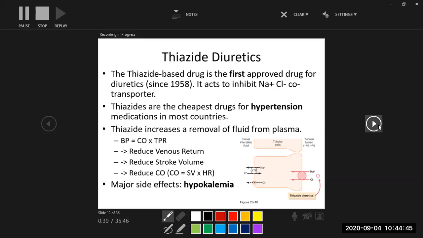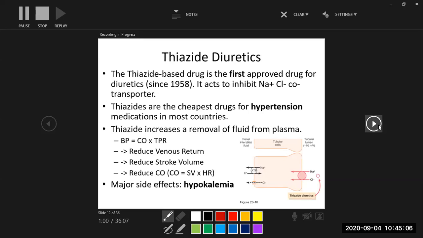We have so many different channels here, and they all serve as a good opportunity for us to intervene in the disease process. So the drug to block the sodium chloride co-transporter is called thiazide.